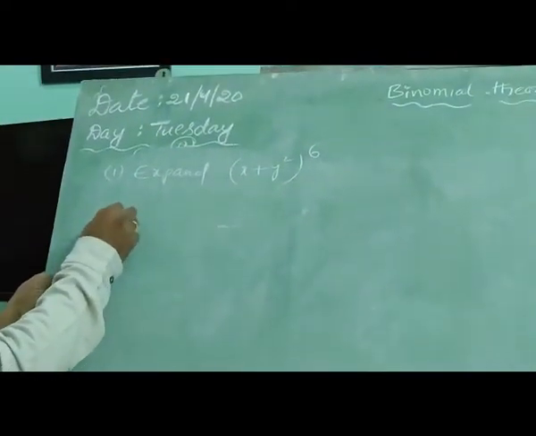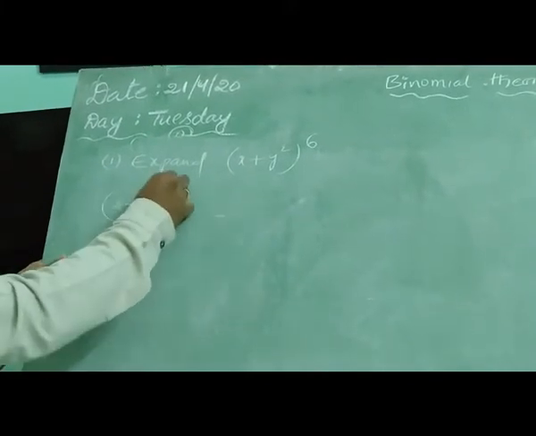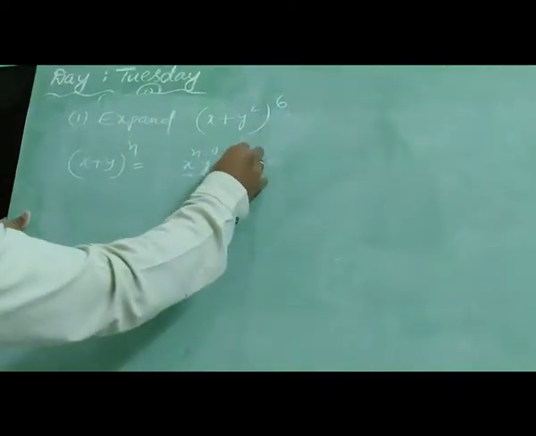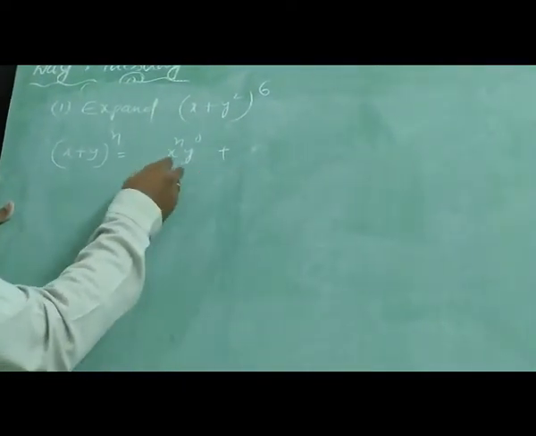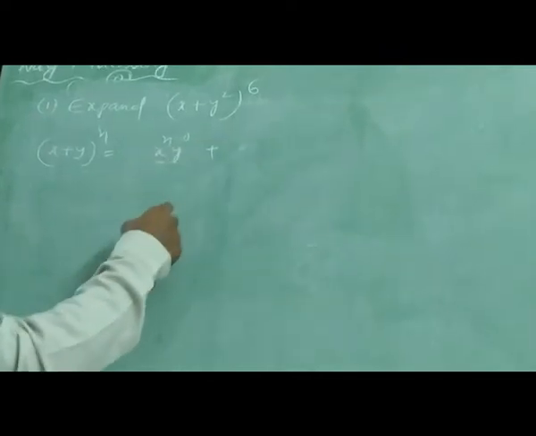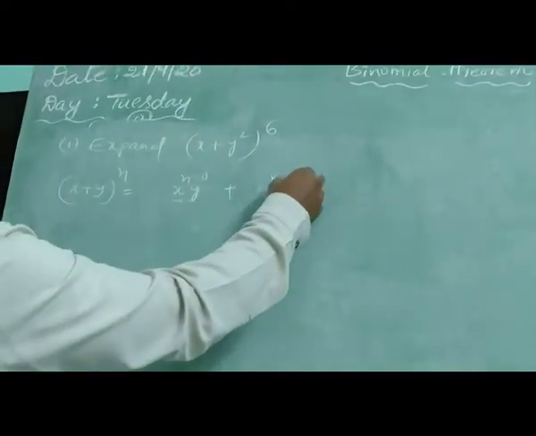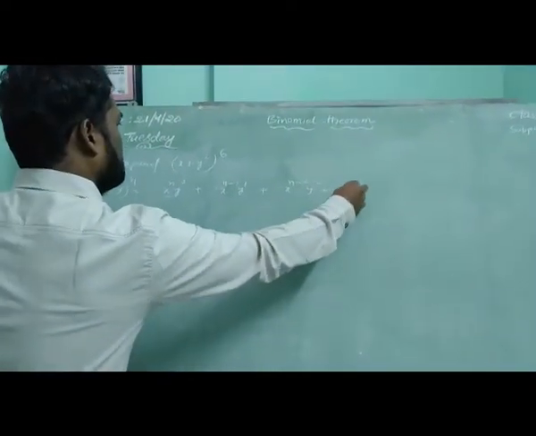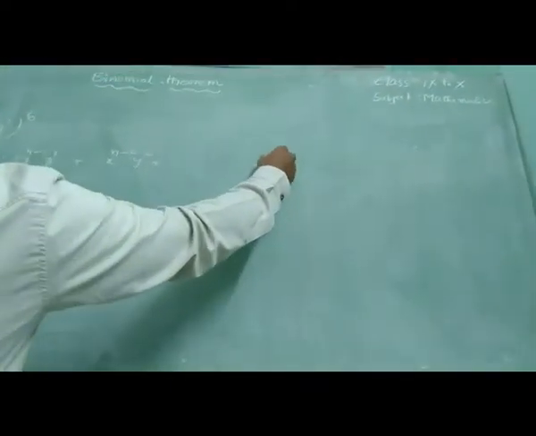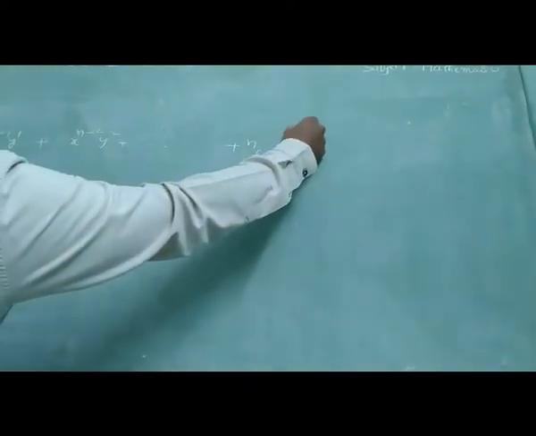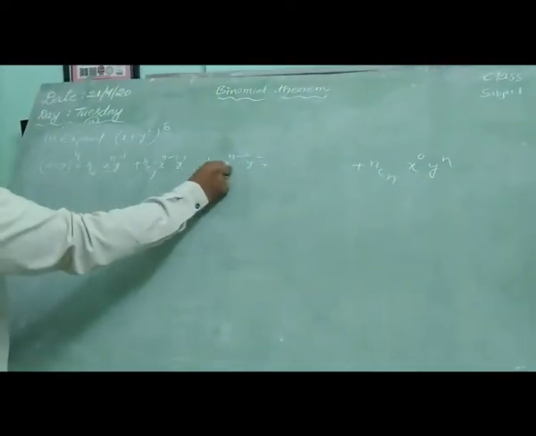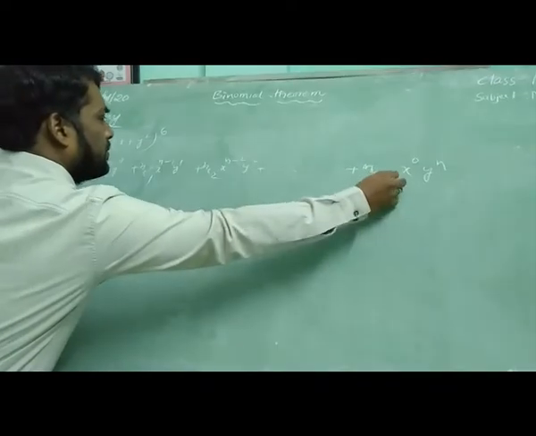So what is the binomial theorem? (x + y) to the power of n is equal to x to the power of n y to the power of 0 plus, I am writing without coefficients, after that I write coefficients, x to the power of n minus 1 y to the power of 1, x to the power of n minus 2 y square, plus and so on. The last term is x to the power of 0 y to the power of n. So your coefficients are nC0, nC1, nC2 and so on, nCn.